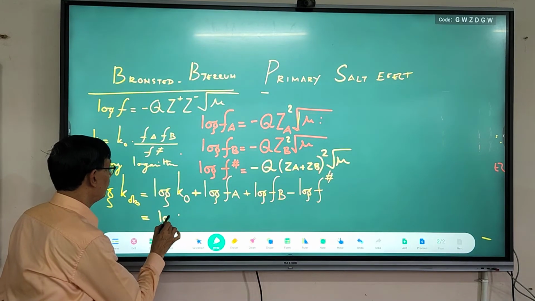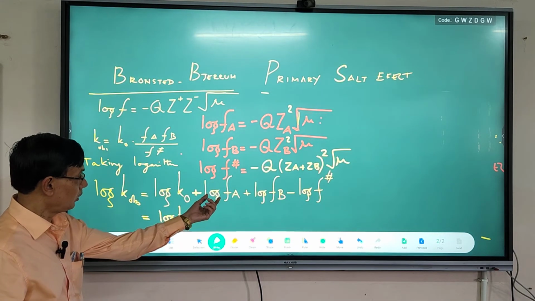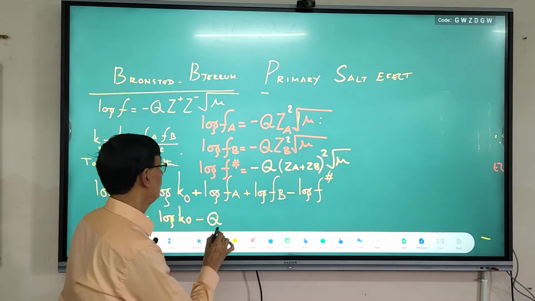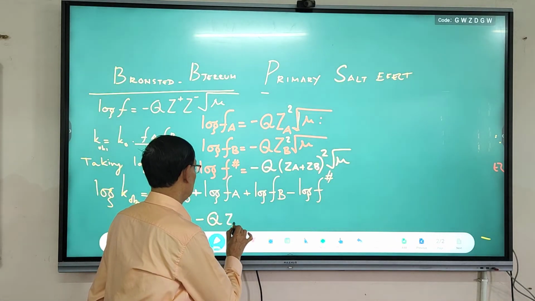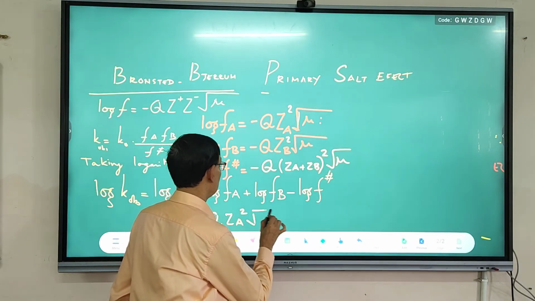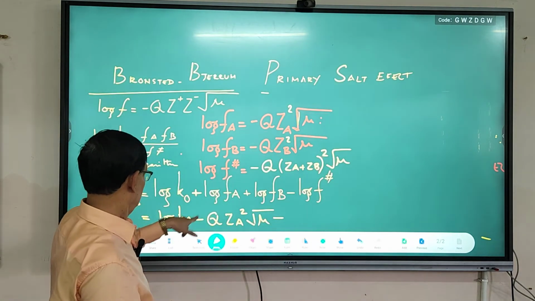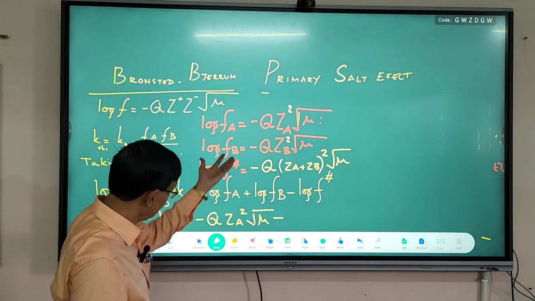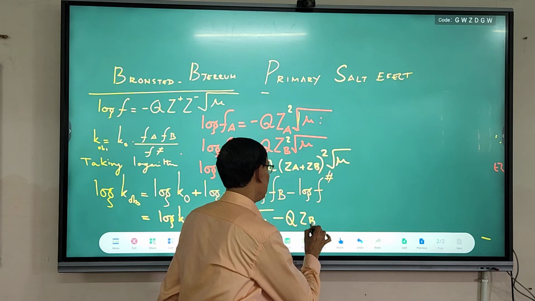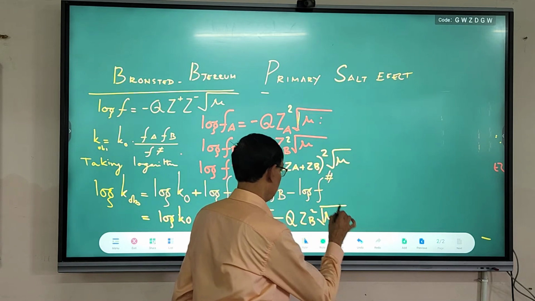So log of K0. Now in place of log of FA, minus Q ZA square under root of mu, again minus, because plus log of FB, so minus Q ZB square under root of mu.